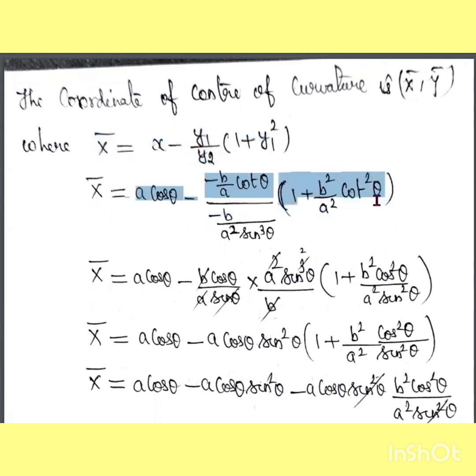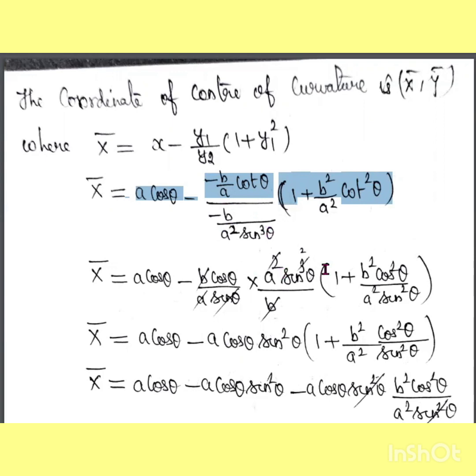What is x? a cos theta minus, what is y1? Minus b by a cot theta, divided by y2, minus b divided by a square sin cube theta, into 1 plus y1 square, minus b by a cot theta whole square. So 1 plus y1 square means 1 plus b square divided by a square cot square theta.